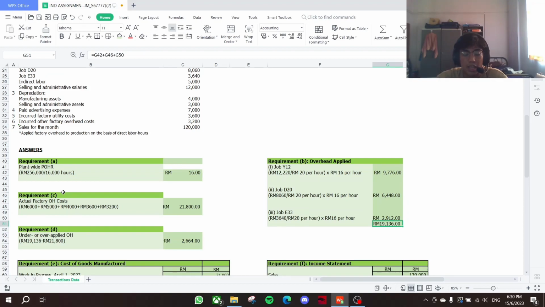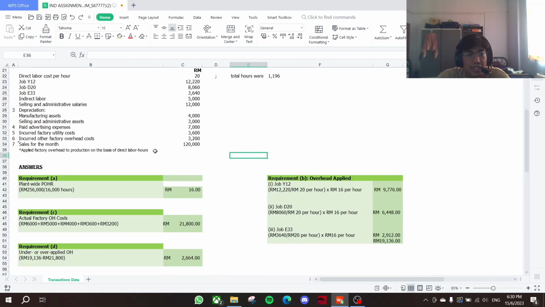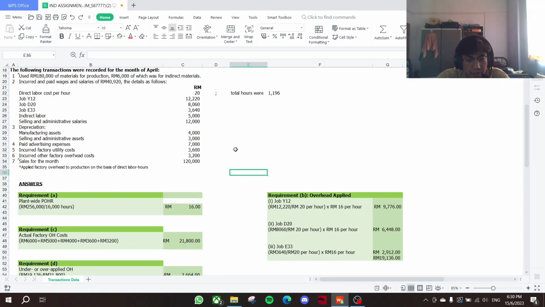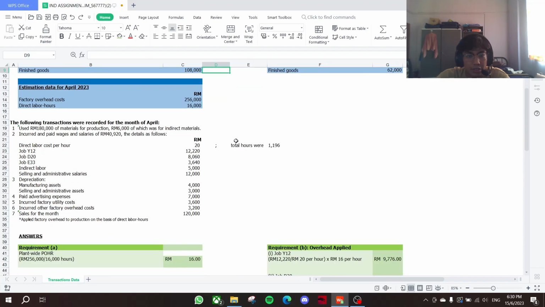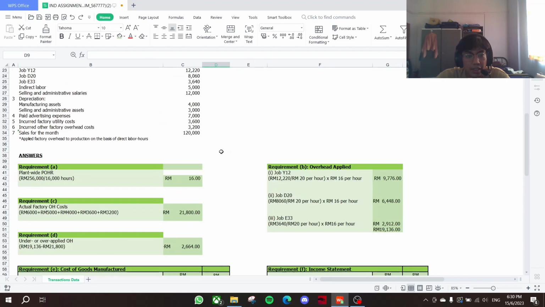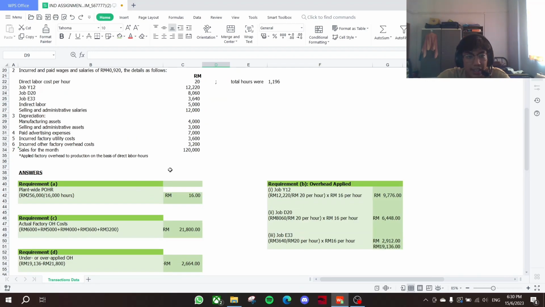So to get the actual overhead cost, we get from the indirect material 6,000 ringgit, and then 5,000 ringgit, which is the indirect labor.